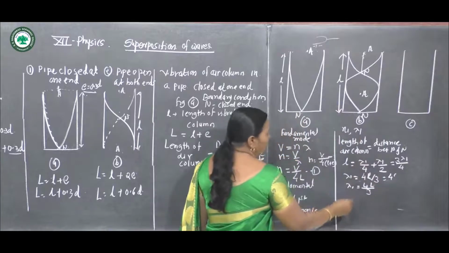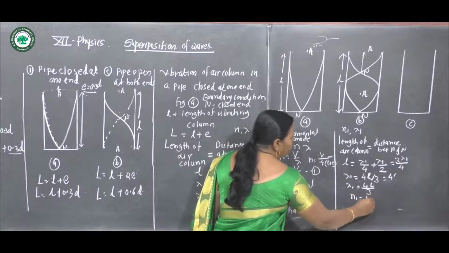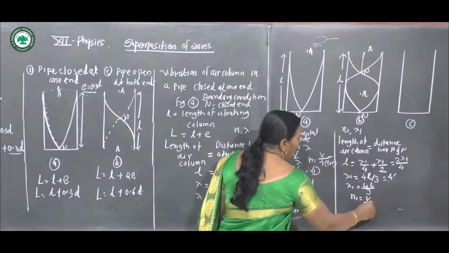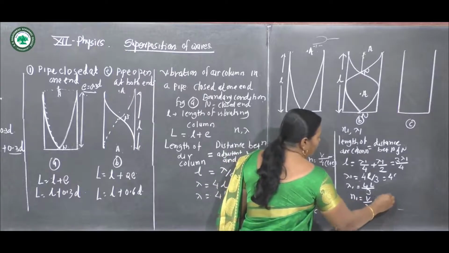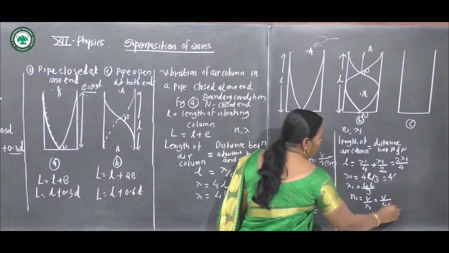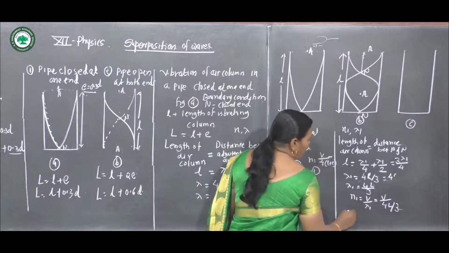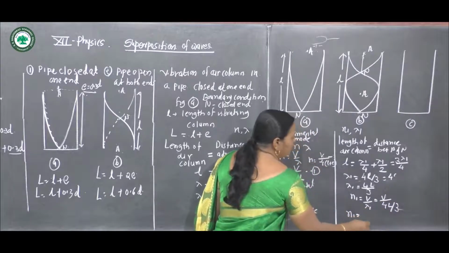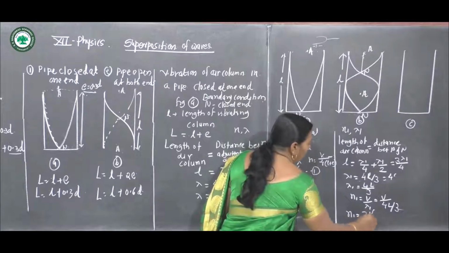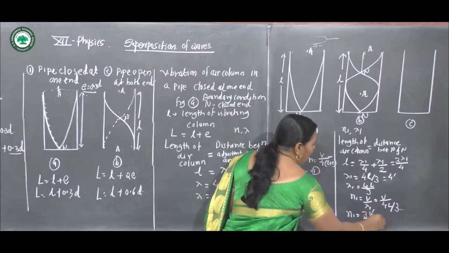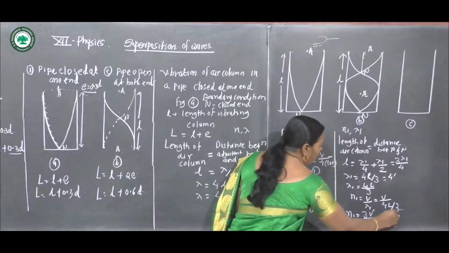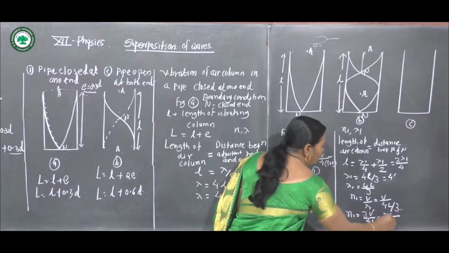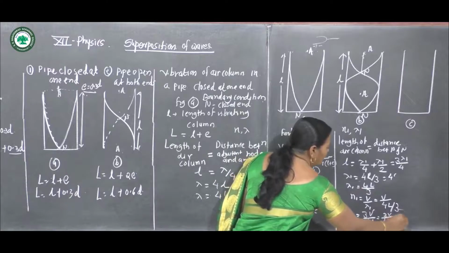Now we have the formula n1 is equal to v upon lambda 1. Substitute here, we get v upon 4L by 3. We can write n1 is equal to 3v divided by 4L, or 3v divided by 4 into L plus e.